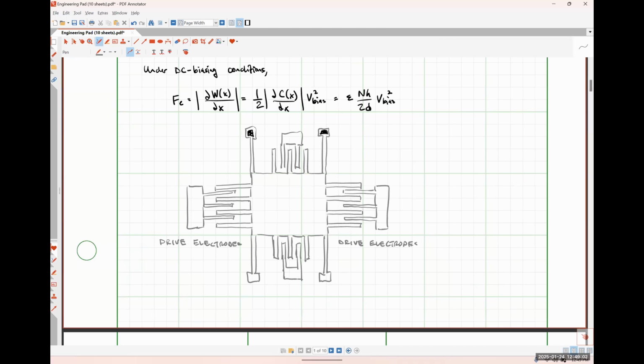Hopefully we can make sense of this thing. I'll explain what I'm trying to get to in just a second.